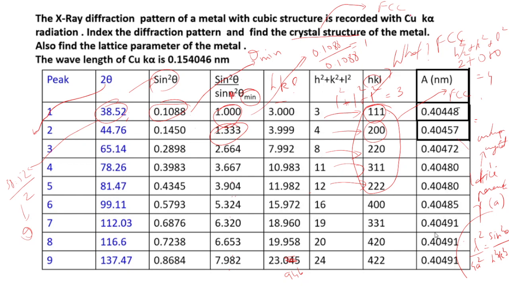We don't know what metal it is, but we know for sure the crystal structure from XRD, and from that we calculate the lattice parameter through this formula. The answer is about 4 angstrom, or 0.40 something nanometers. All the answers here are in nanometers.